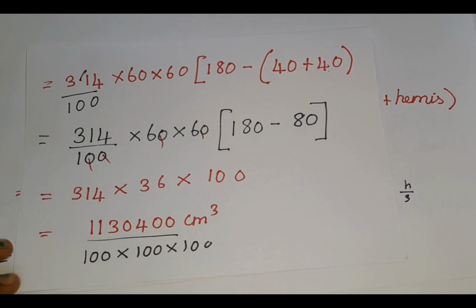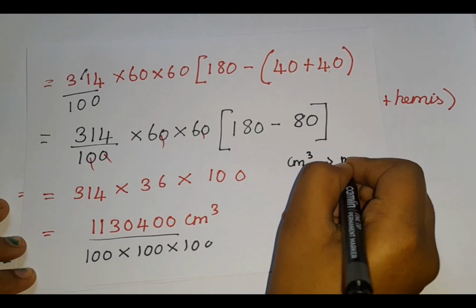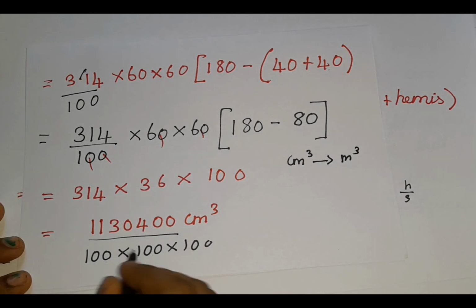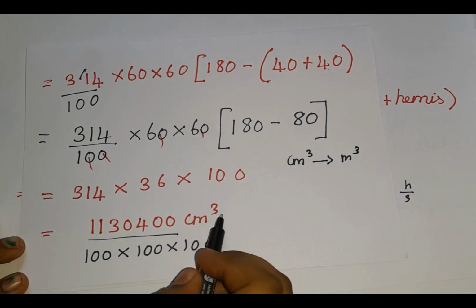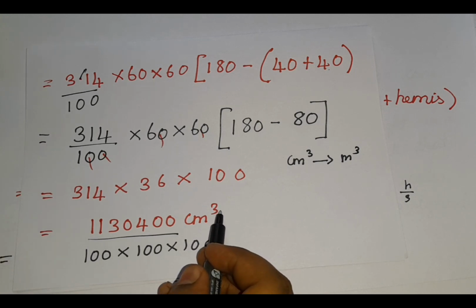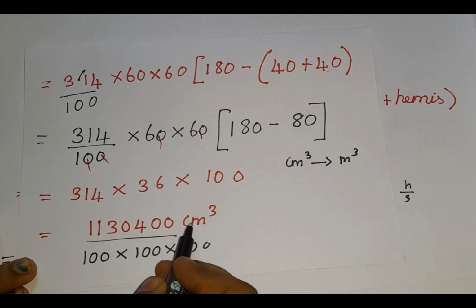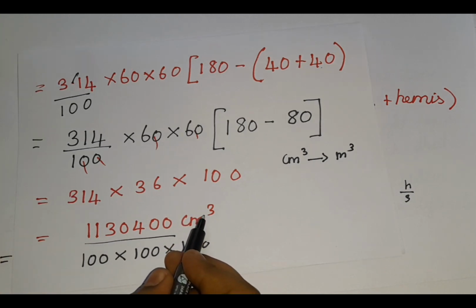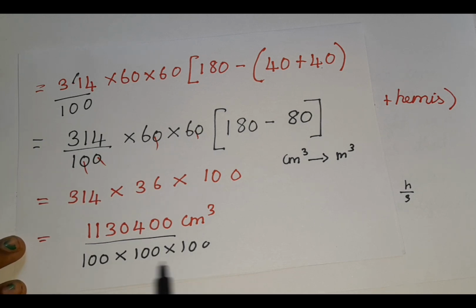Remember, whenever you want to convert centimeter cube to meter cube, you are supposed to divide it with 300. If you have centimeter square and want to convert to meter square, then 200 is enough. Since we have centimeter cube, we are supposed to divide it with 300.